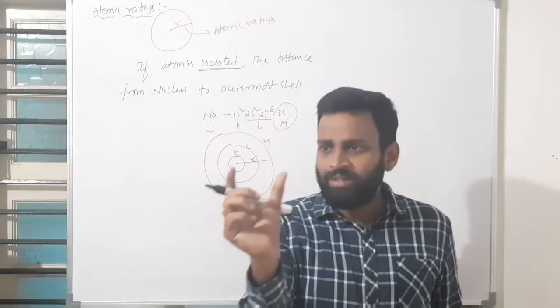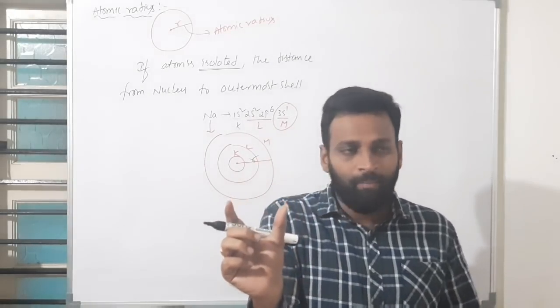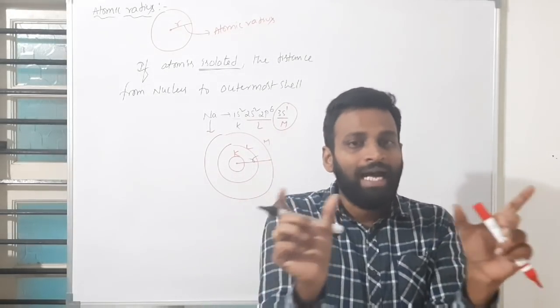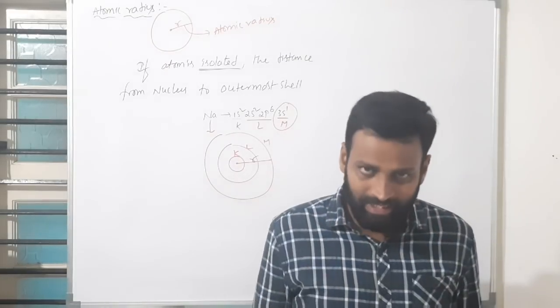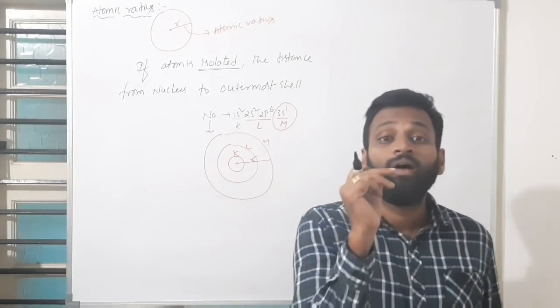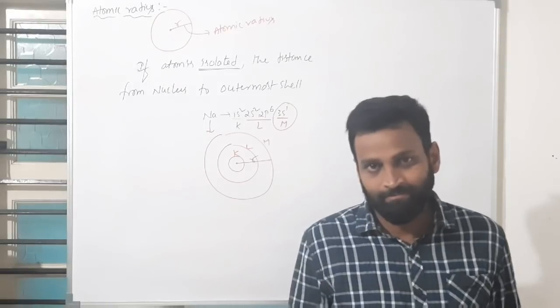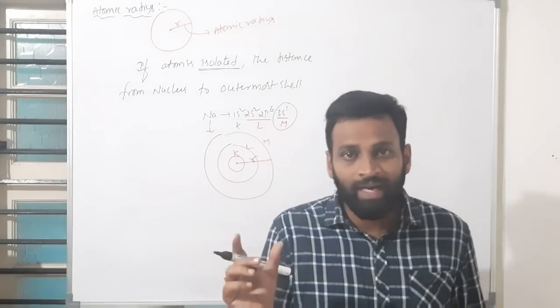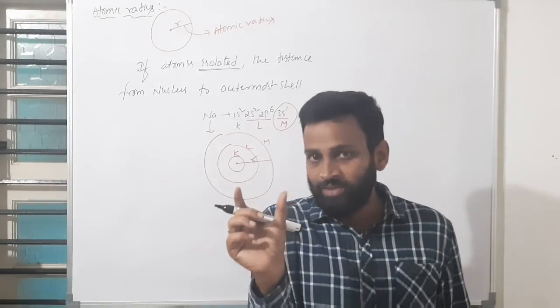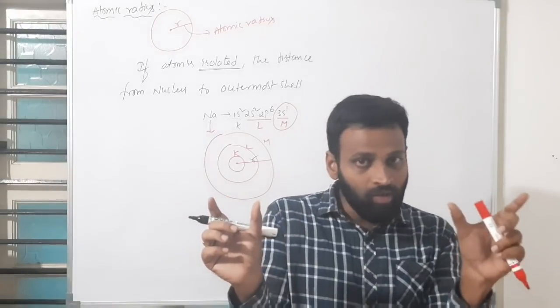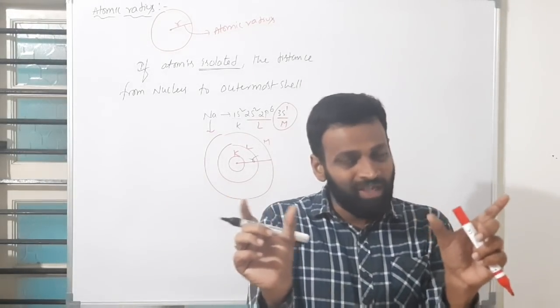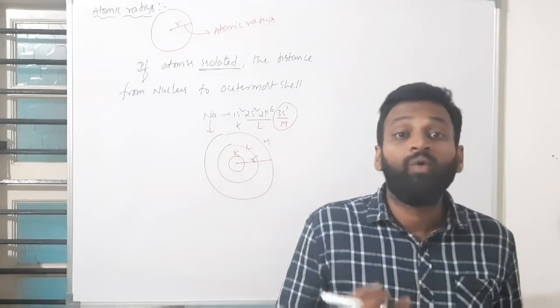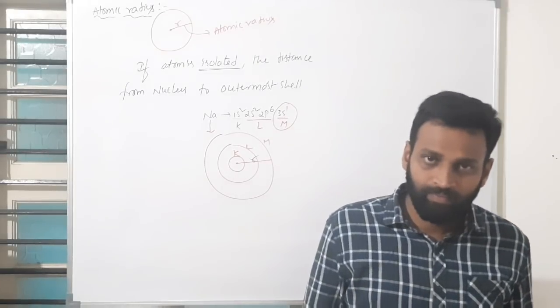Why, sir? The nucleus of one atom and electrons of other atom have some kind of weak attraction. Those only we call van der Waals forces. I repeat, what is van der Waals forces? The nucleus of one gas atom and electrons of other gas atom have weak forces. Those are called van der Waals forces.